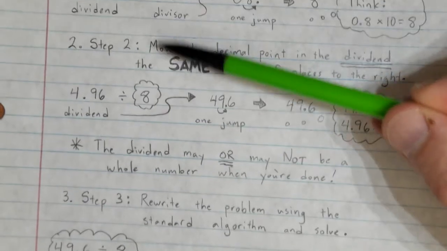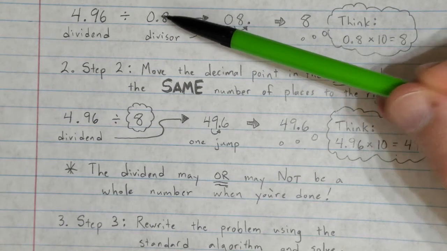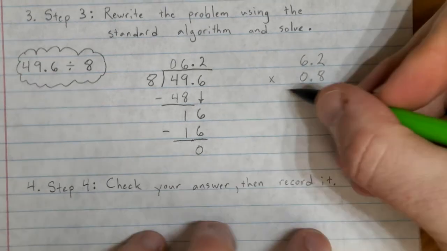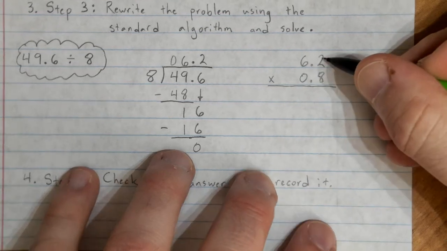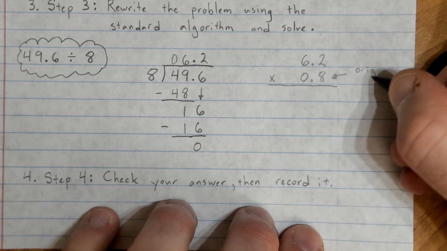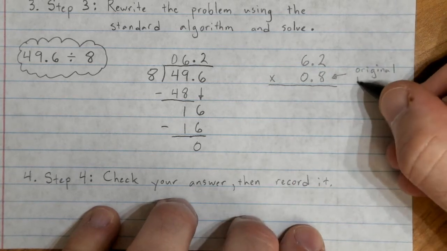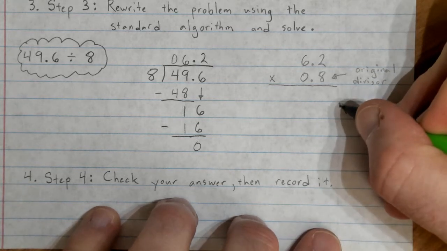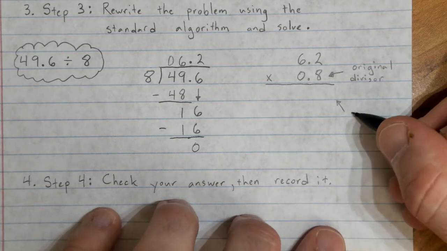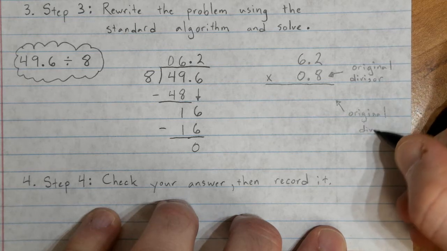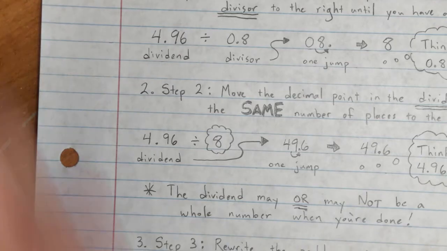I'm going to multiply it times the original divisor, 8/10. Now, if I did my work correctly, once I multiply my quotient, 6 and 2/10, by the original divisor, I should, hopefully, if I did it correctly, get my original dividend.